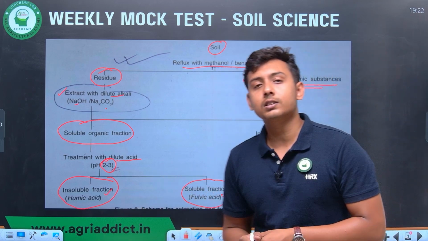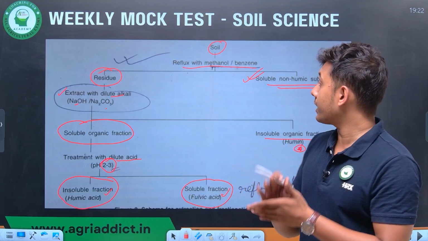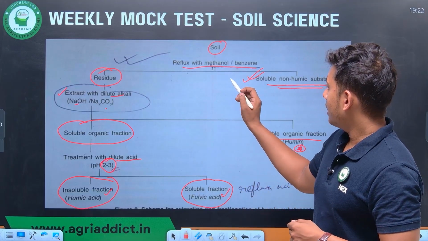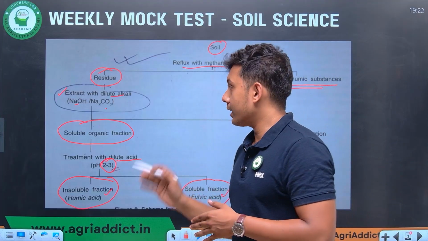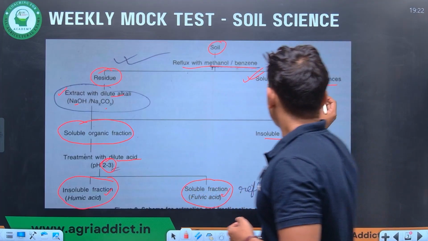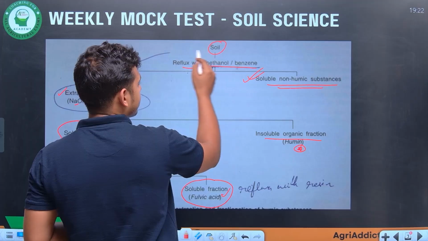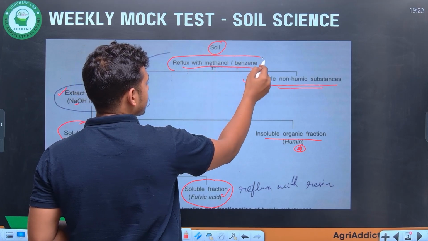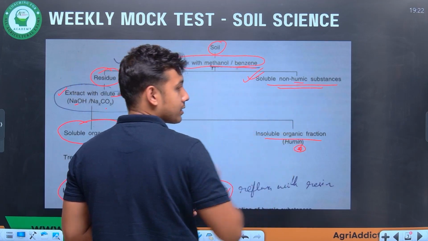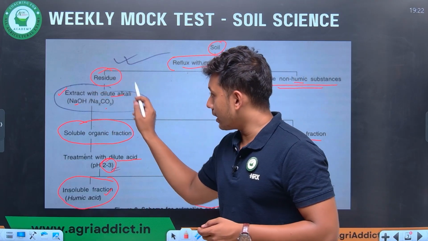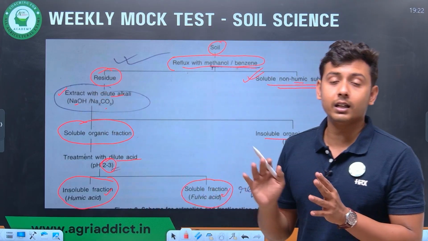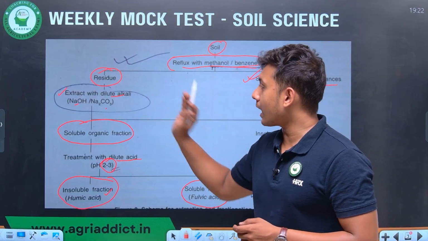Three different types of questions come from this scheme. What is the component in soil humus that is soluble in the reflux procedure? That is the non-humic substances that we discard. After that, the residue is extracted with dilute alkali.